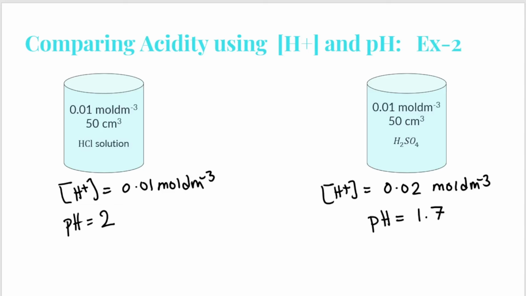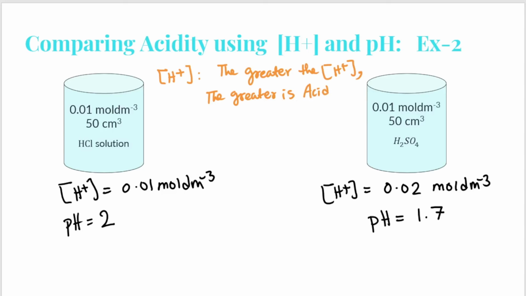Well, in the case of hydrogen ions, the greater the hydrogen ion concentration, the greater is acidity.